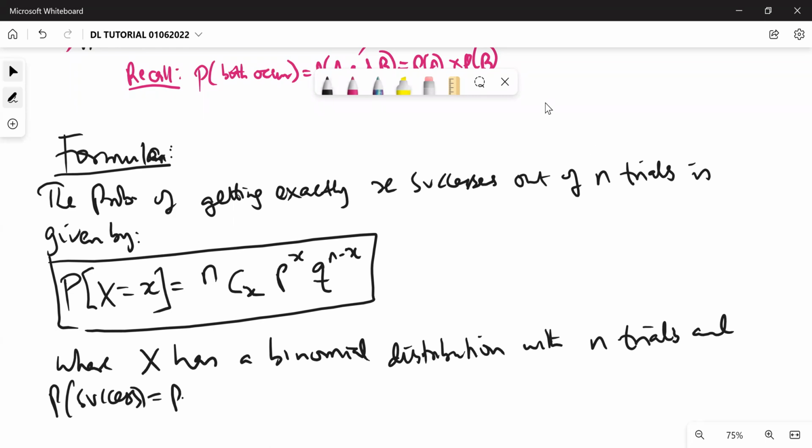So that's the formula that we use for the binomial distribution.